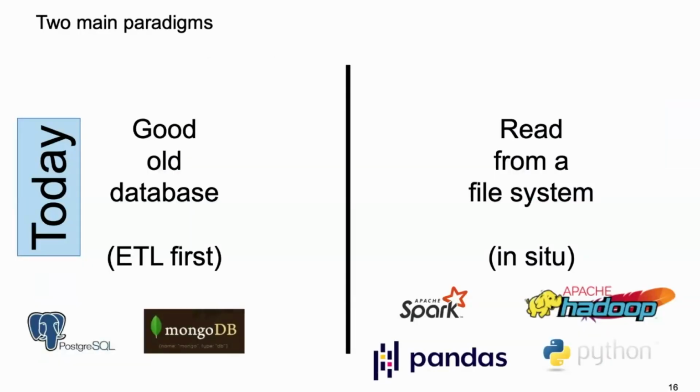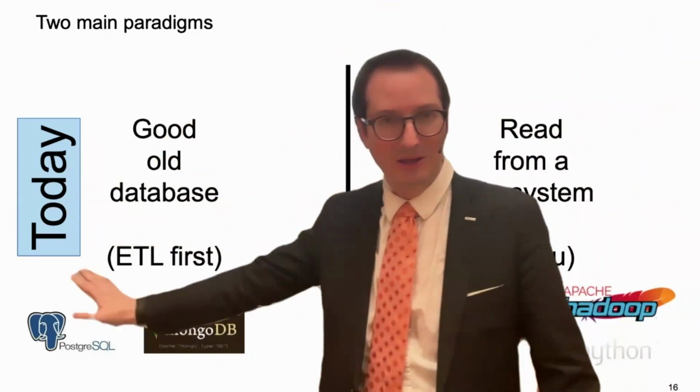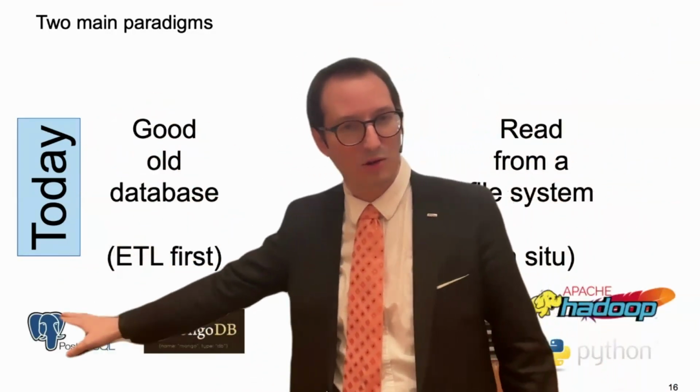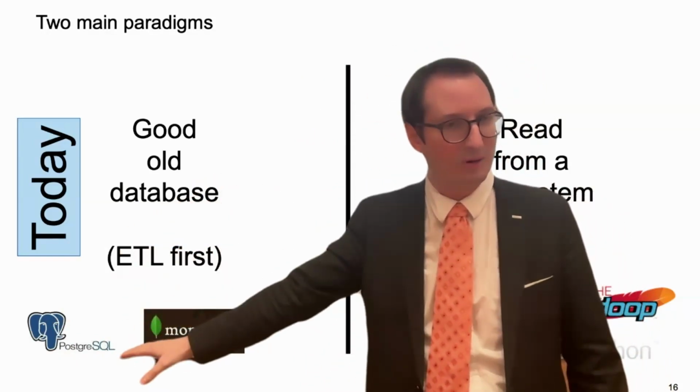The first thing that I want to make you aware of is that we are not looking at HDFS with Spark, MapReduce, or anything like that, or even S3, because we are re-entering the light side of the force here with the good old databases, just like PostgreSQL, where you insert your data and you ETL your data.